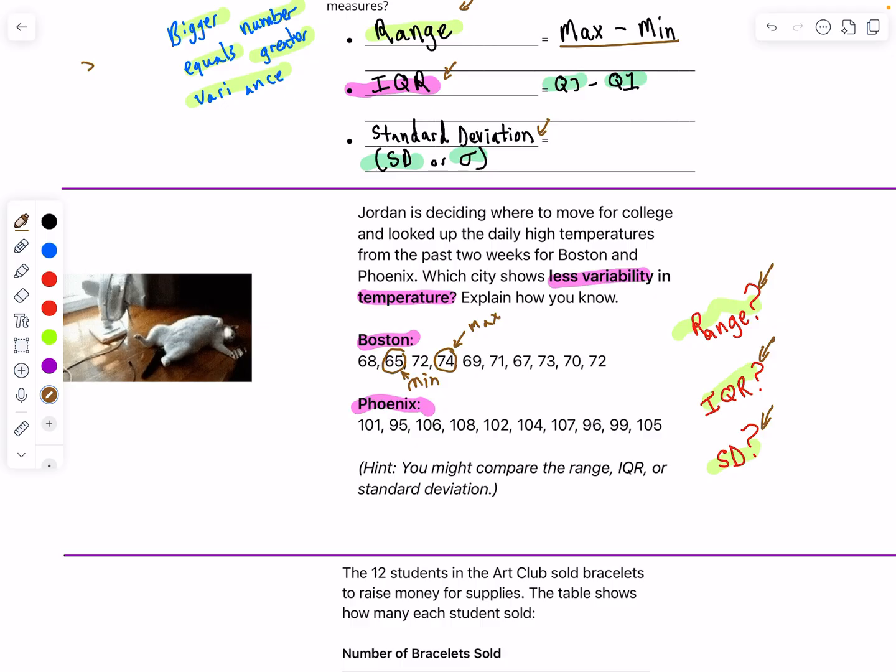And if we wanted to find the range for Boston, let me make a little note over here in a different color. Boston. We'd have to do the max minus the min, which would be 74 minus 65, which gives us a range of 9.